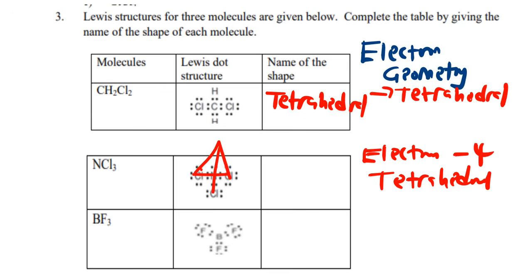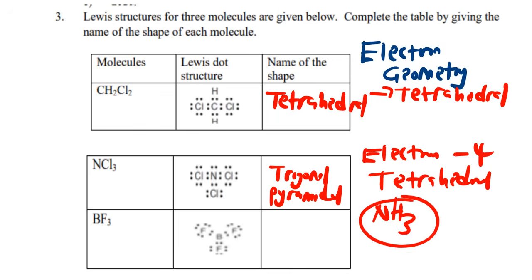So this one is trigonal pyramidal. This is a similar structure to NH3, ammonia. Because of those lone pairs, you tend to have that kind of structure. For those who don't know, you can check our YouTube channel, where you're going to find videos on chemical bonding. That is very important for you to understand.